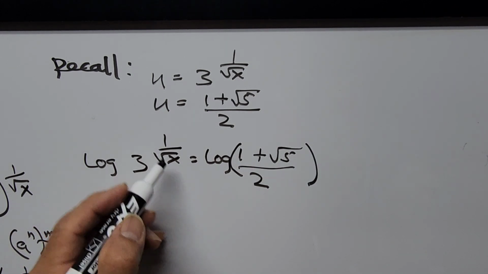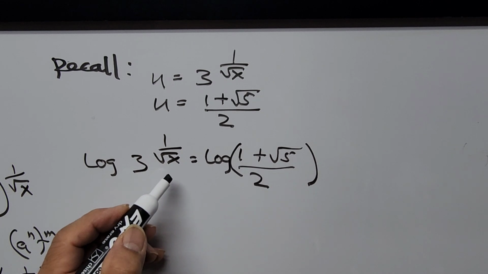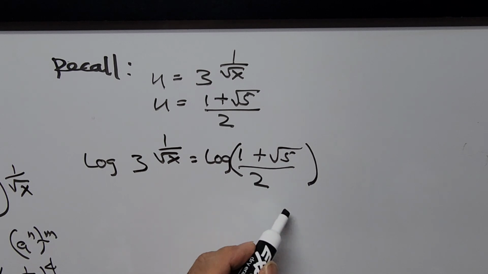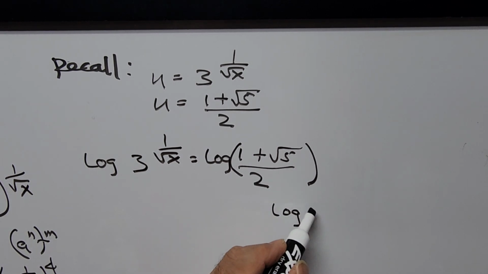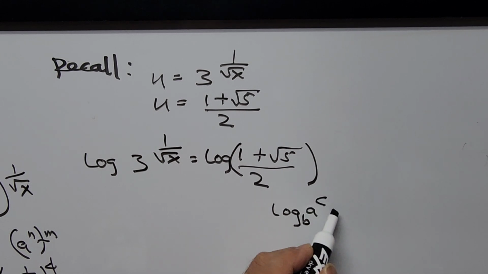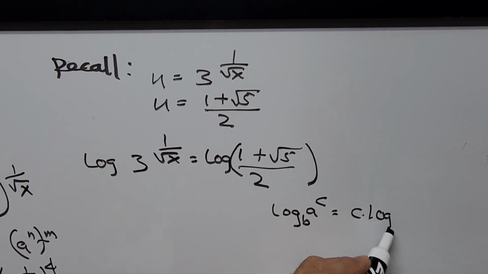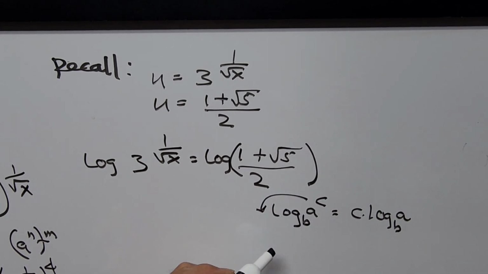If you notice, this 1 over square root of x is the exponent of 3. From the exponent power rule of logarithms, if we have the logarithm of a to the power of c to base b, this can be written as c times the logarithm of a to base b. So c goes down to the front.